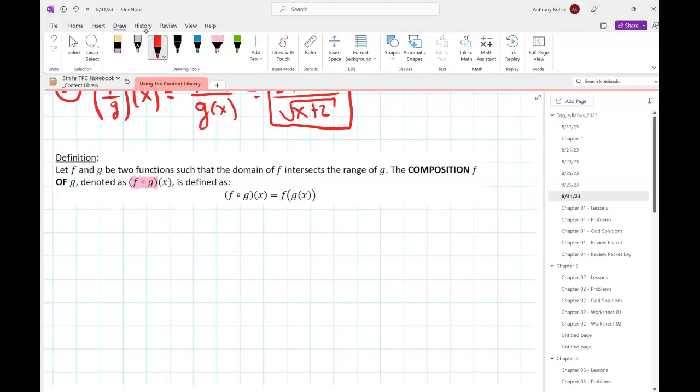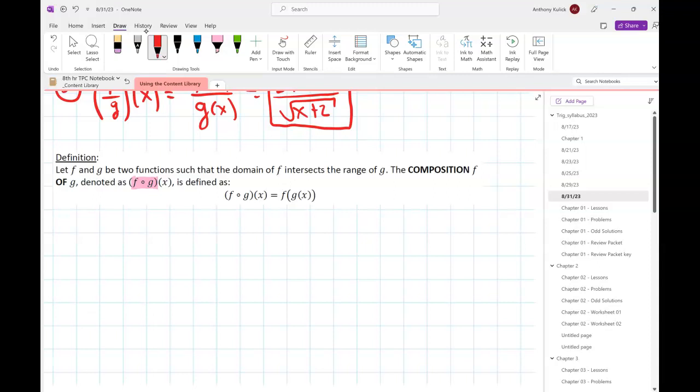Mr. Kulik, pet peeve time. You see that set of symbols that I've highlighted in pink? When you read that out loud, it breaks my heart when you say the word fog. All that says to Mr. Kulik is there's a kid that hasn't paid attention one lick in the last 2 weeks.